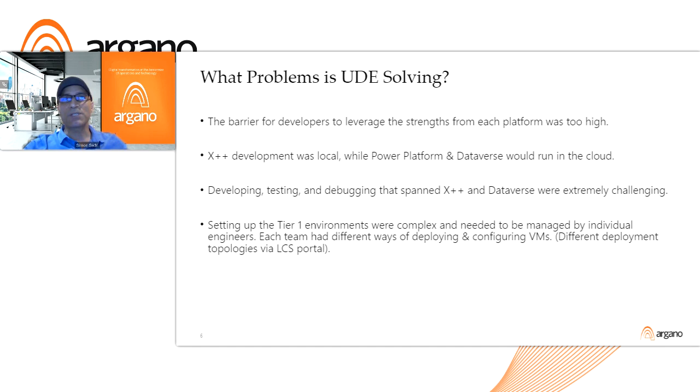You had options to choose various VM sizes, default or customized VNet configurations, premium storage, and managed disk settings, whether you go with standard LRS where you use HDD versus a premium SSD, all handled through an LCS portal managed by the developer.